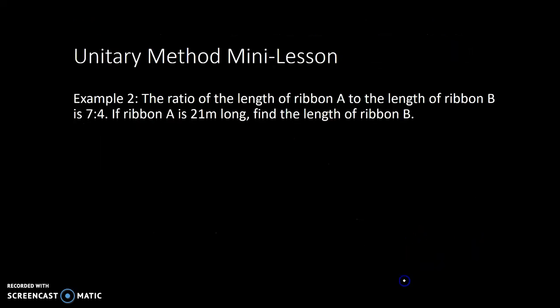Okay, let's try another one. The ratio of the length of ribbon A to the length of ribbon B is 7:4. If ribbon A is 21 meters long, find the length of ribbon B. All right, let's start off with our bar model again. So ribbon A is 7 units.